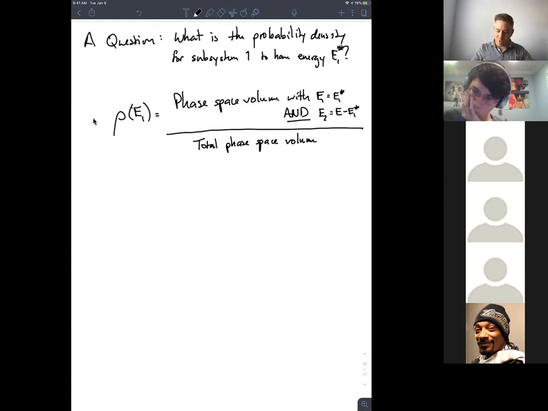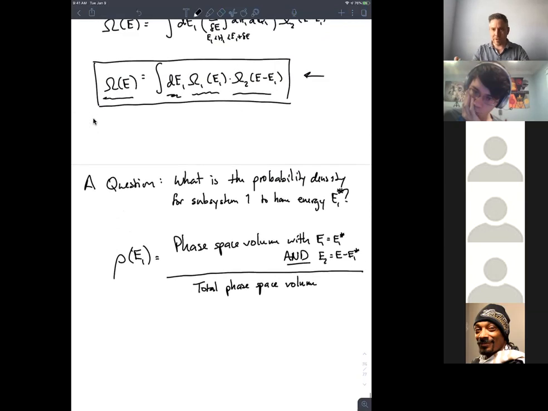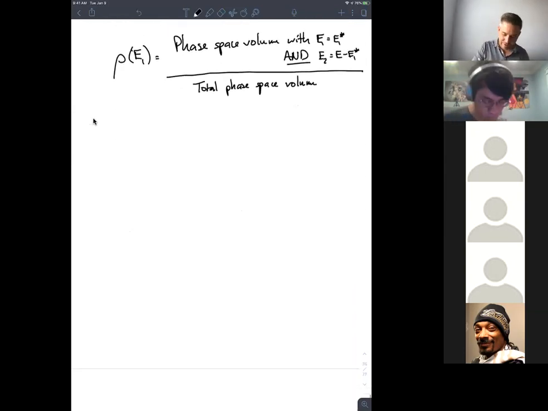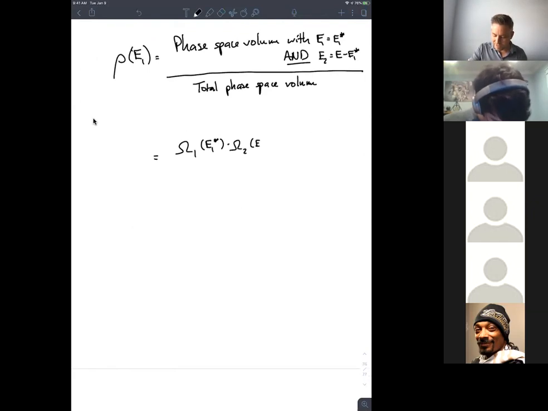Okay, so now, as we just showed here, the probability for the total system to be in some specific state is related to the product of the phase space volumes of the two subsystems to be in their specific states. So in other words, this thing is equal to the density of states of system 1 to have energy E1 star, times the density of states of system 2 to have energy E minus E1 star.